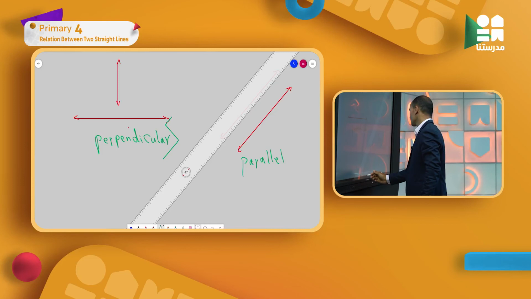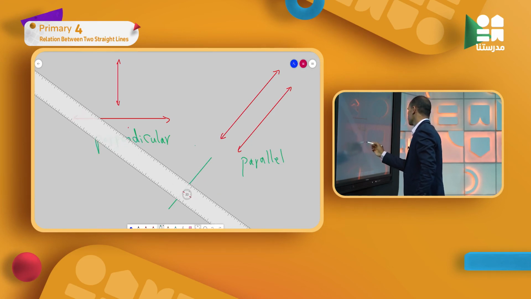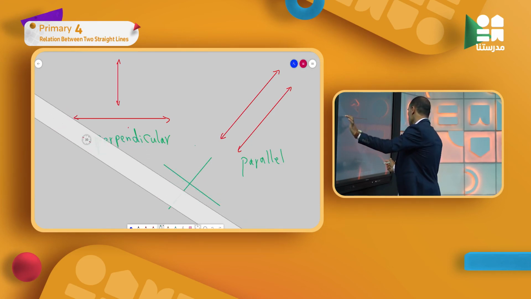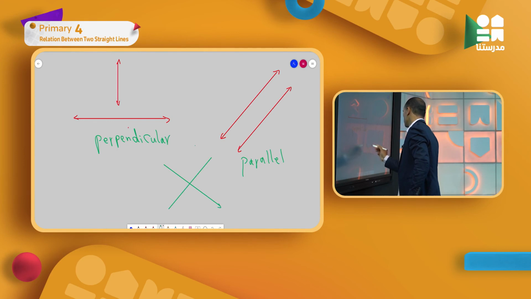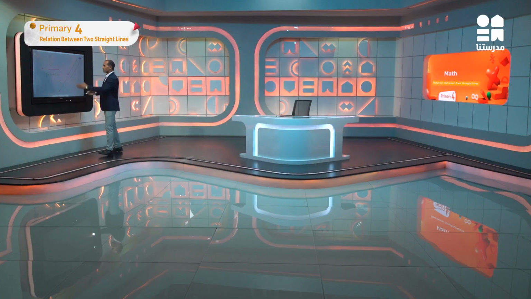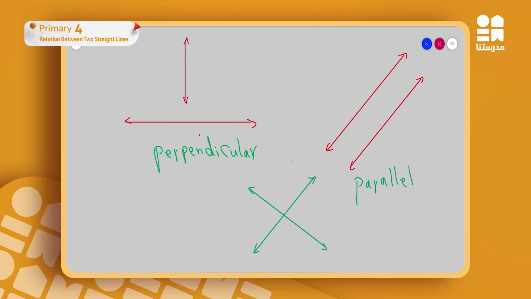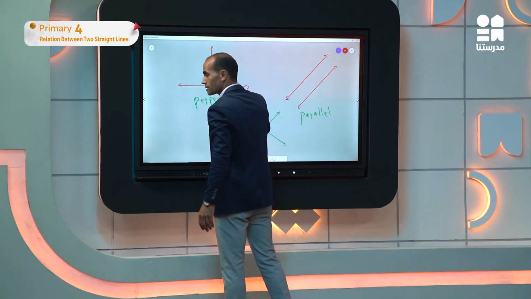And the last relation here is what? We have two straight lines here. Of course, this is perpendicular and this is parallel, and here intersecting. Great. So remember that we have four angles, but not right. But here we have four right angles.